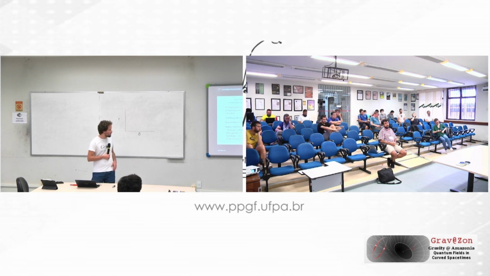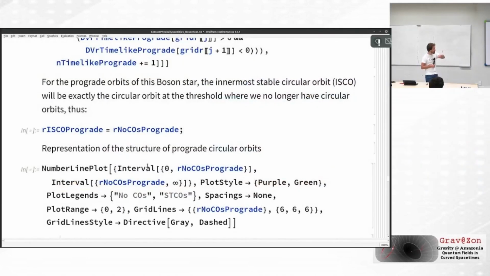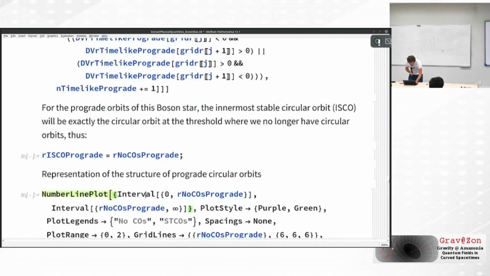So, in this case, that's the orbit where the angular velocity starts to be complex. We call it, in this case, since it's connected to a stable region that goes up to infinity, the ISCO. So you can do some plots or some illustrations.